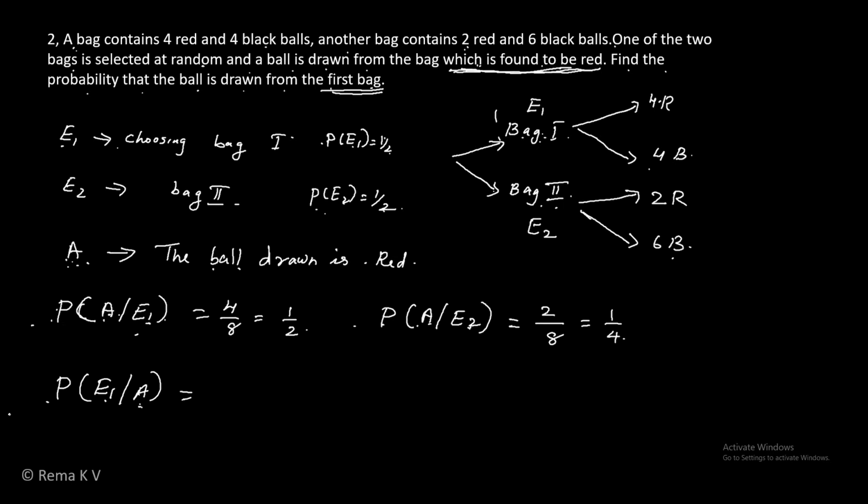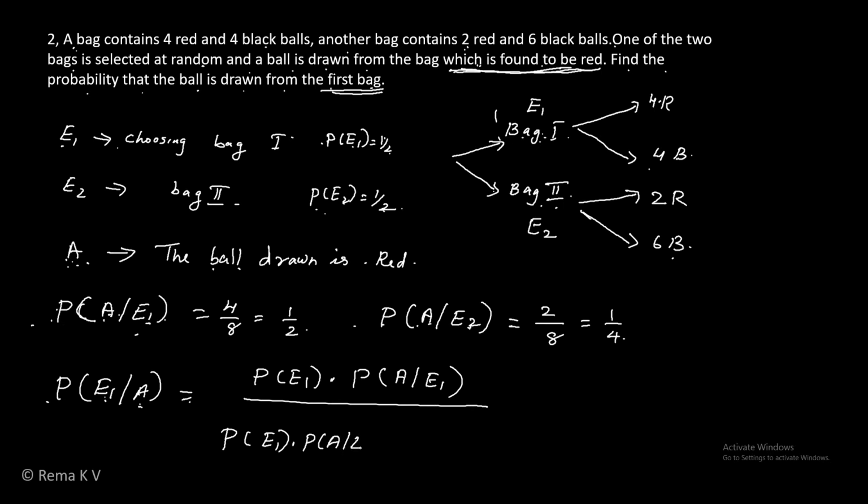Okay, so it is probability of E1 given A is equal to, by Bayes theorem, we can write this as probability of E1 into probability of A given E1 divided by probability of E1 into probability of A given E1 plus probability of E2 into probability of A given E2.